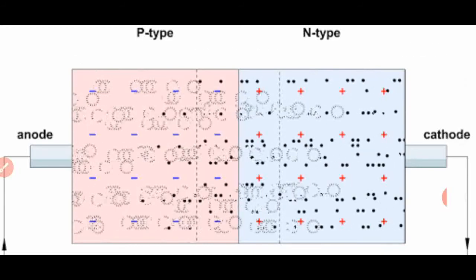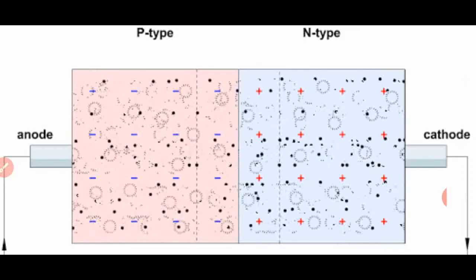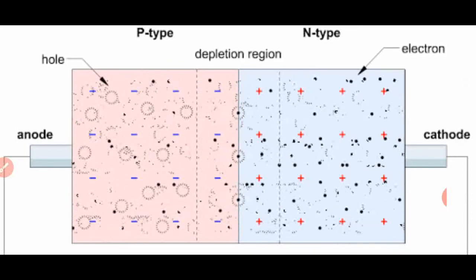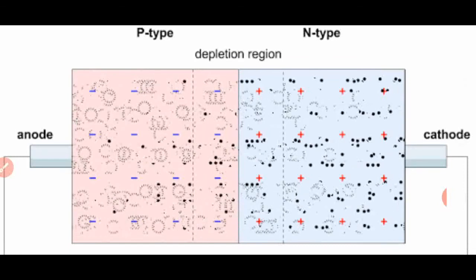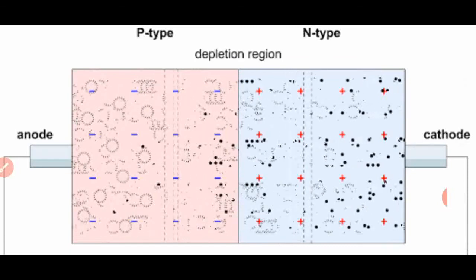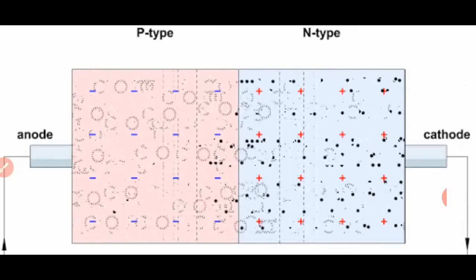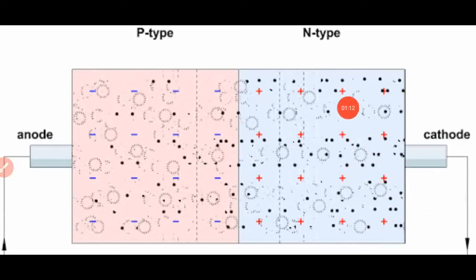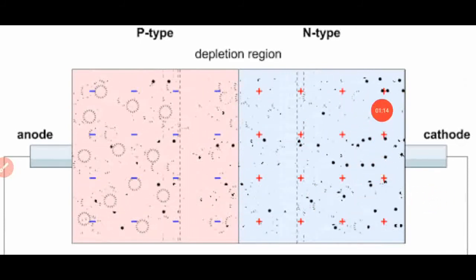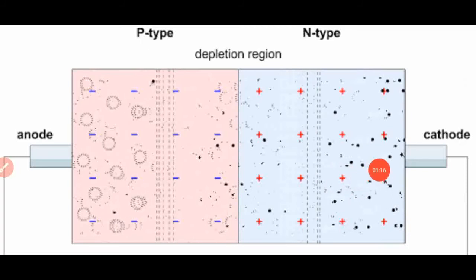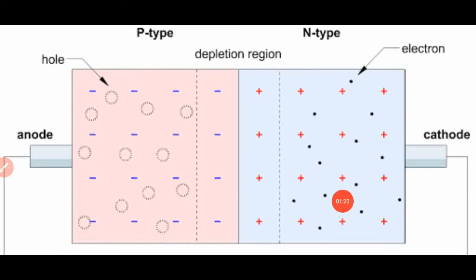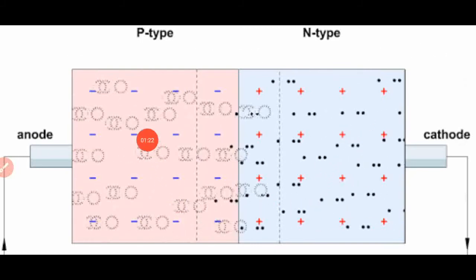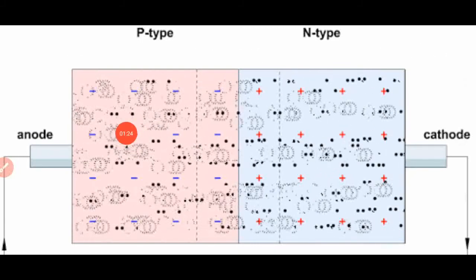And how this diode is made, let me talk a little bit about it. These diodes are made by joining two semiconducting materials. One material is electron rich, as you can see here, there are many extra electrons, and here, as you can see, there are many holes.